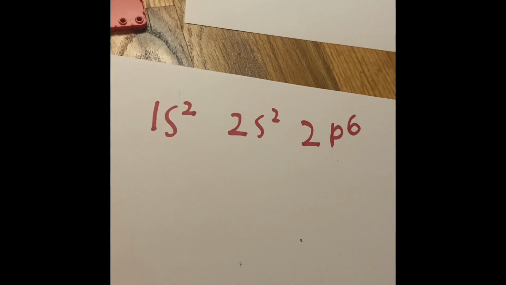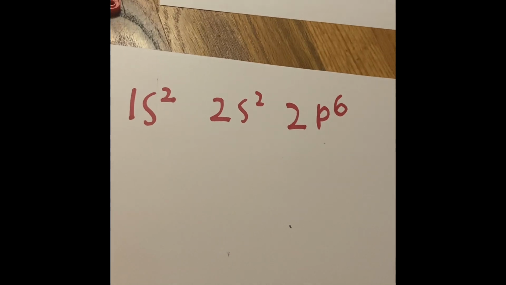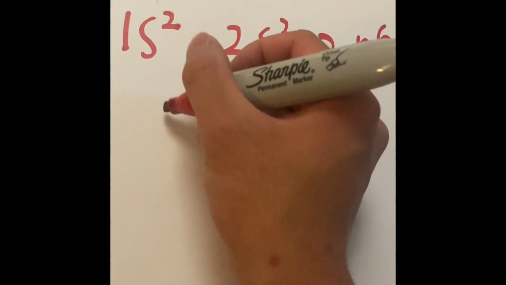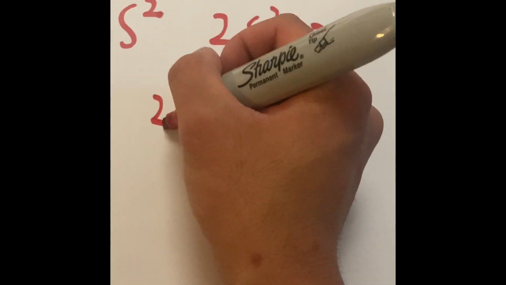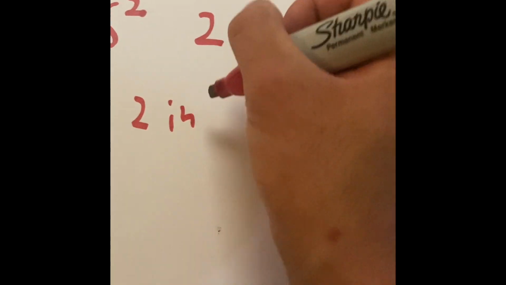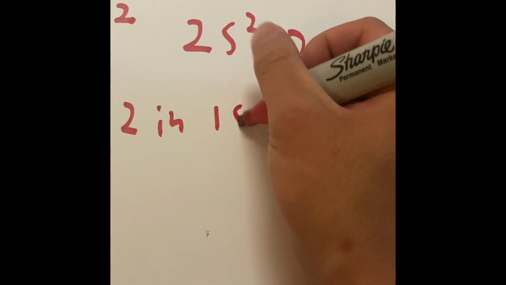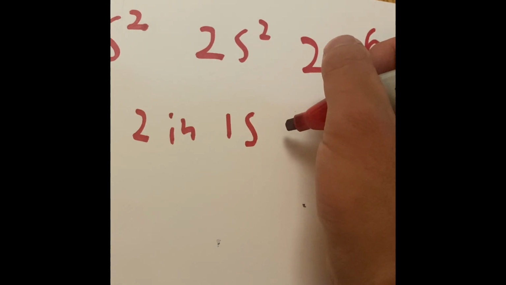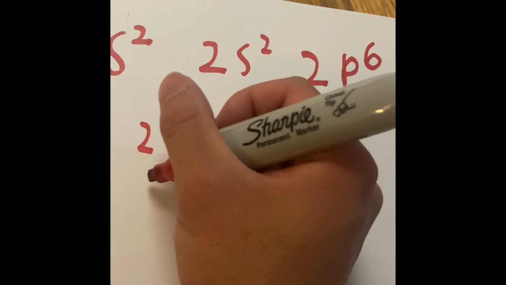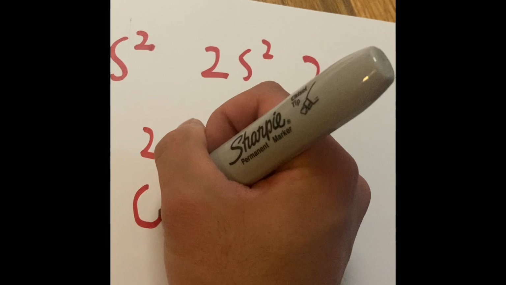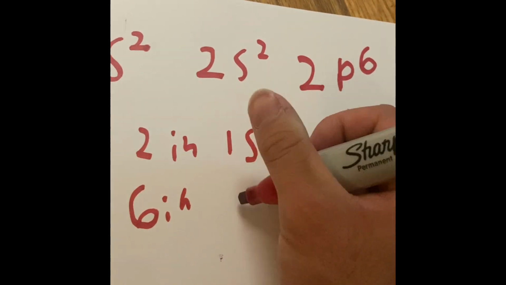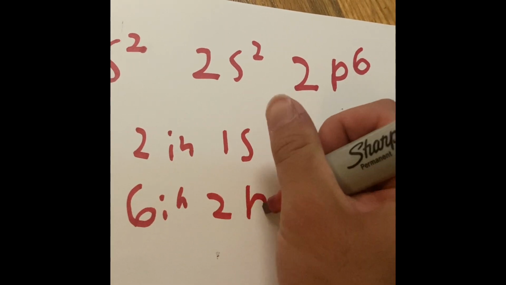So here's what's going to happen. We're going to say, for this one, it's going to be 2 electrons in the 1s block. We are also going to say 6 is going to be in the 2p block.